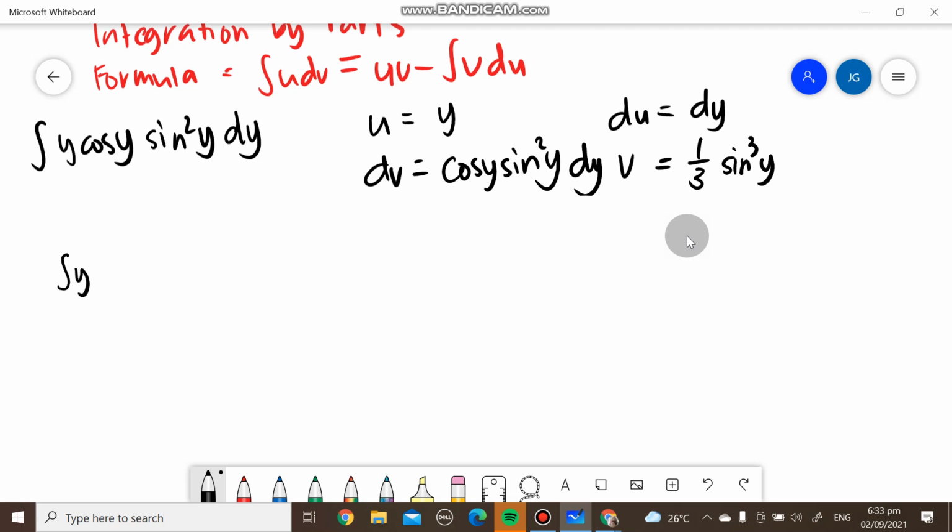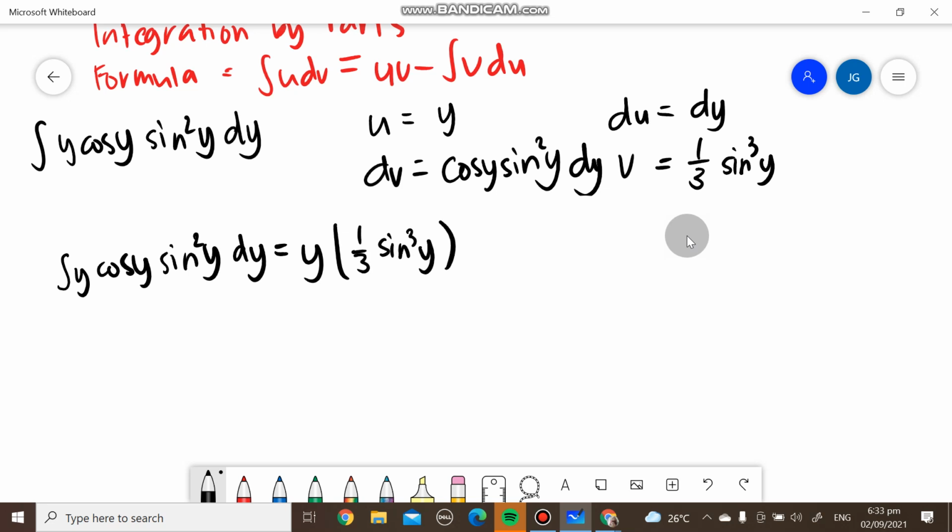We have the integral of y cosine y sine squared y dy is equals to u and v, which is y times 1/3 sine cube y, minus the integral of v, which is 1/3 sine cube y, multiplied by the value of du, which is just dy. So, this one is already done, but this one is not yet. We need to integrate that part.